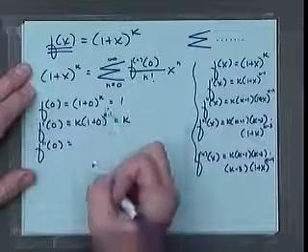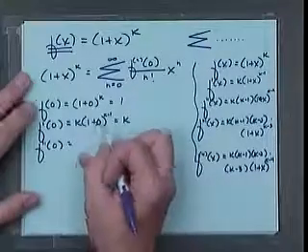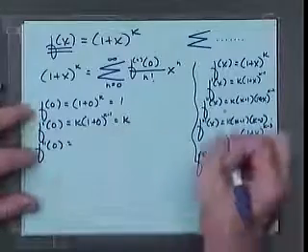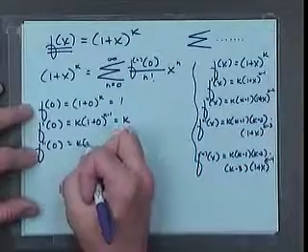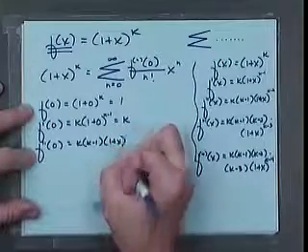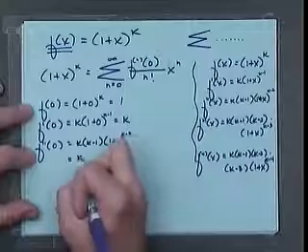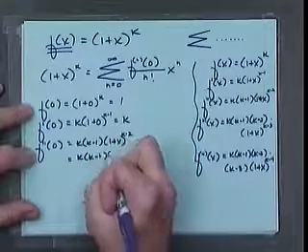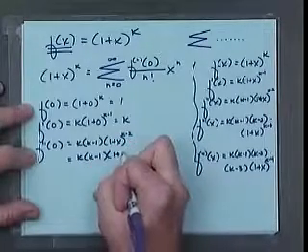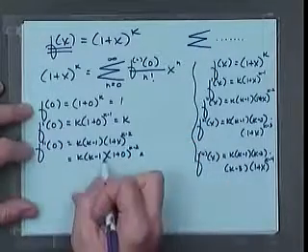This is just 1 to, right now, as far as we know, integer powers, which is going to be 1. The second derivative is k times k minus 1.